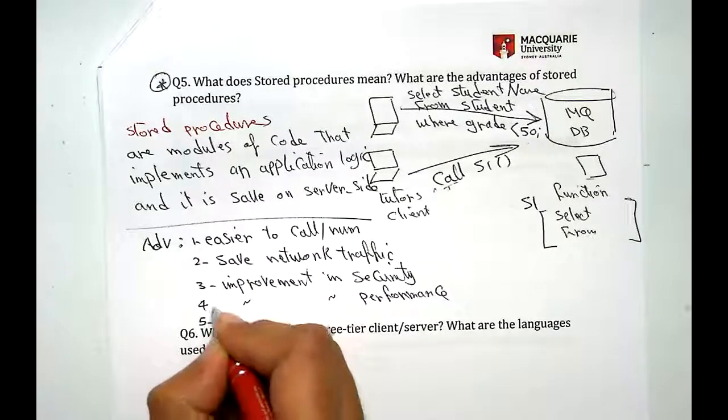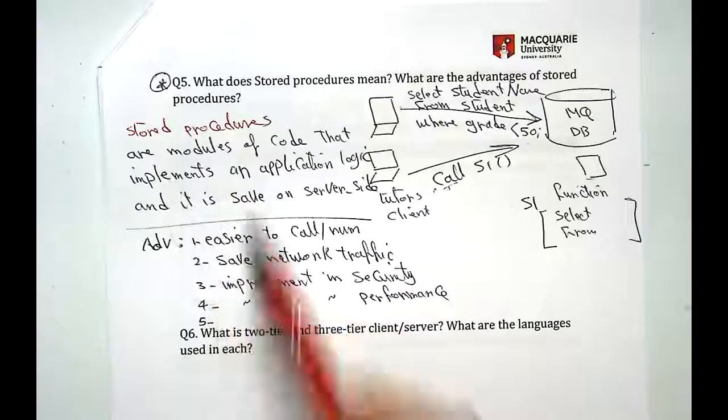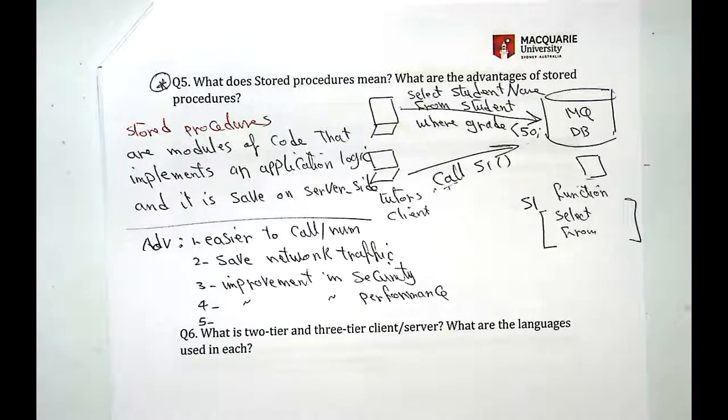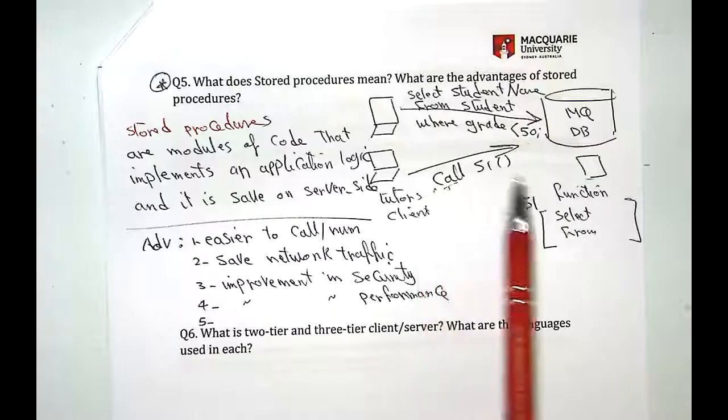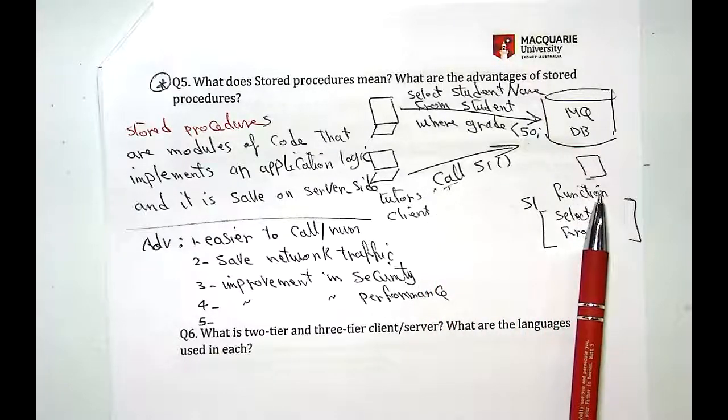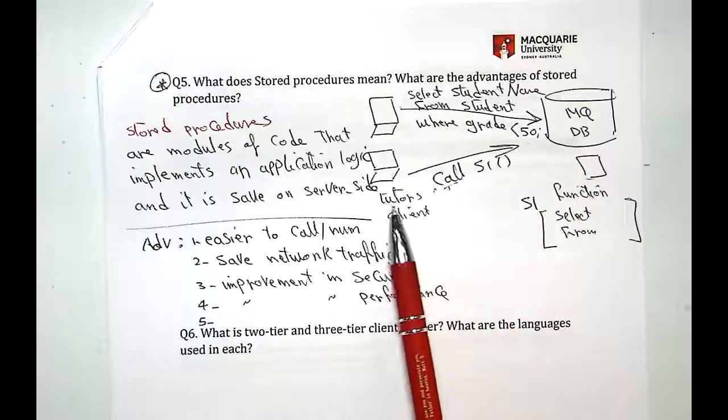What do you think? Using stored procedure, are we going to have thin clients or fat clients? When we save the function on the server, do you think the load on the client will be less or more?